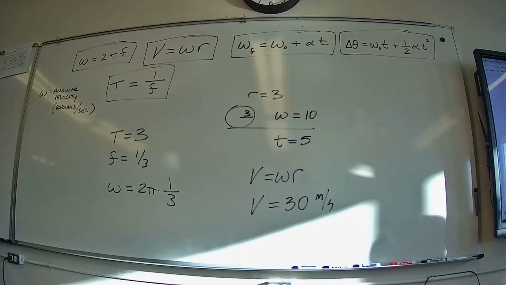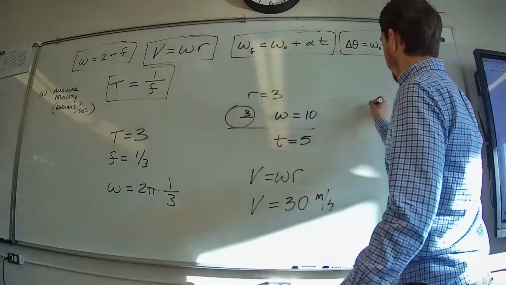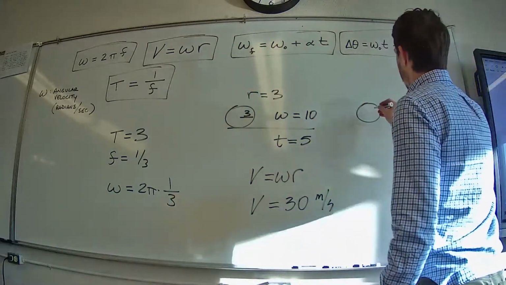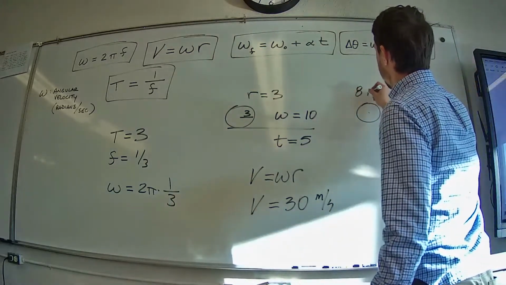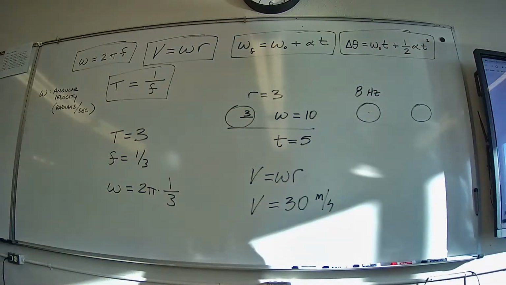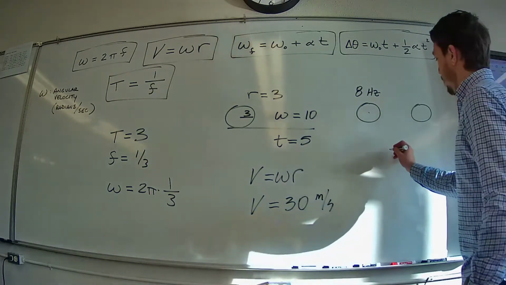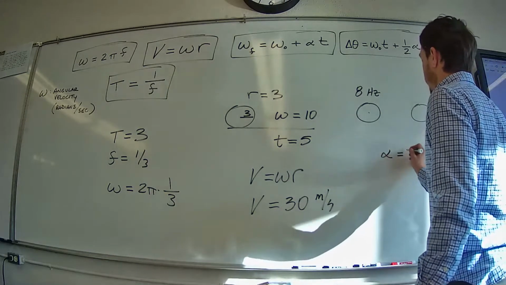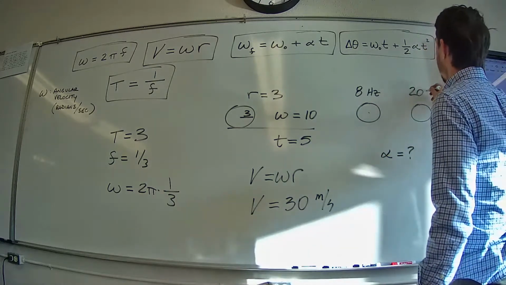Okay, a wheel is spinning at a frequency of 8 hertz. Here's my wheel. Initially going 8 hertz, and after experiencing a constant angular acceleration, we're trying to find the angular acceleration, it's going 20 hertz.